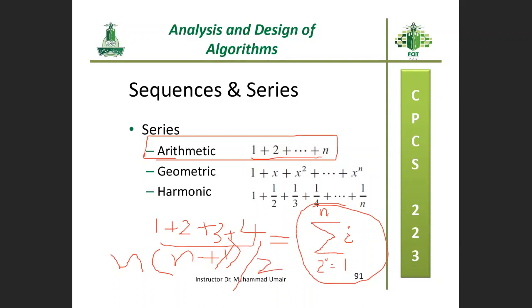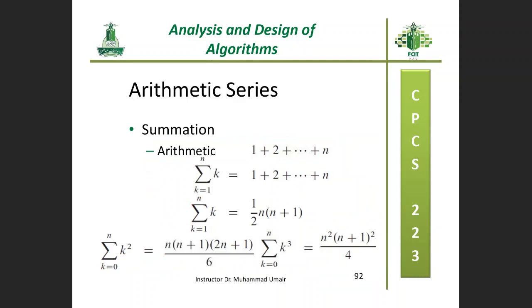So please revise these summation formulas and series. That will be really helpful in calculating the values. At least you should know this formula for the arithmetic series. The sum of k equal to 1 to n can be written as n into n plus 1 divided by 2.